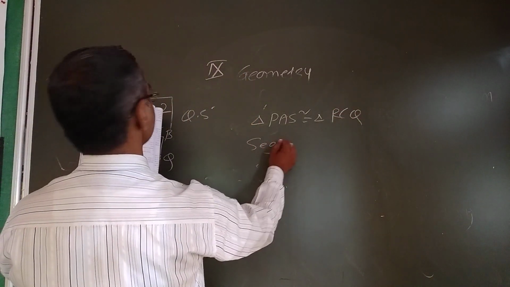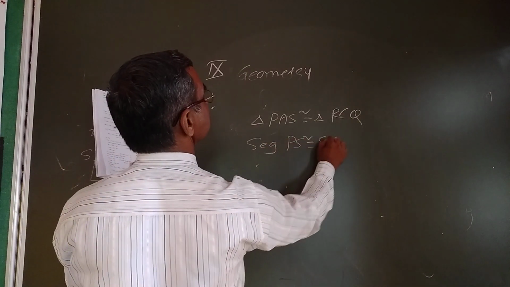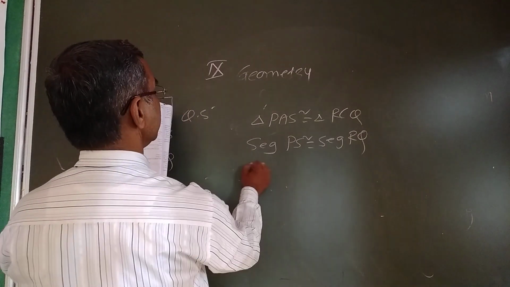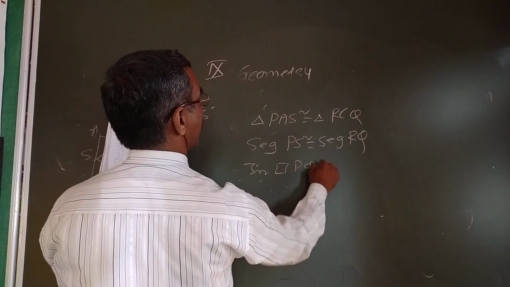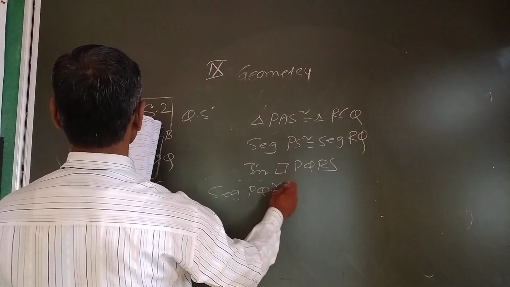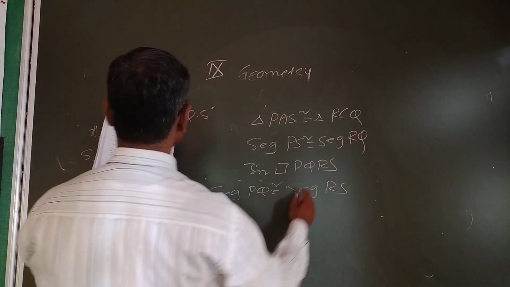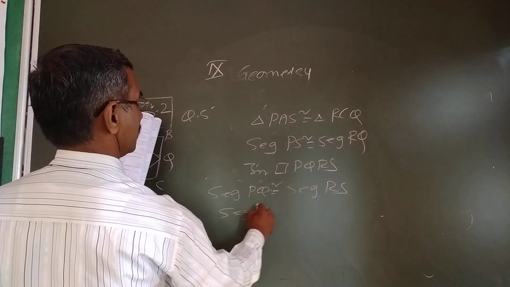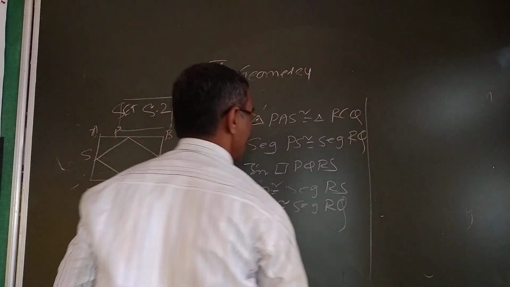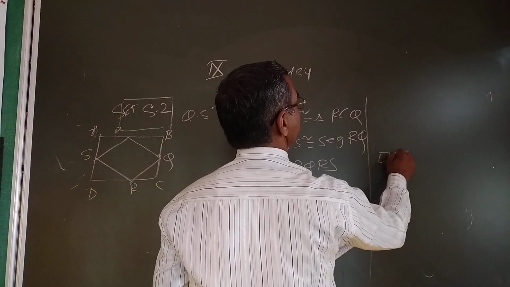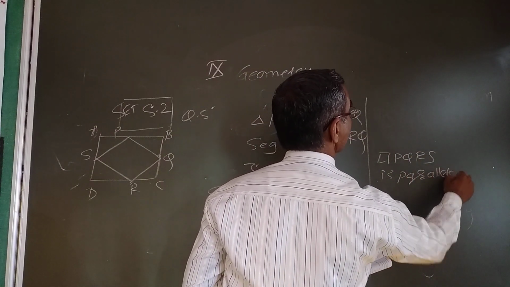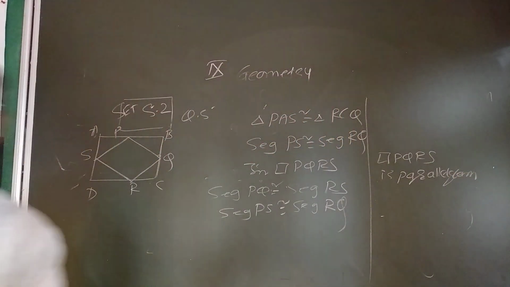Then segment PS is congruent with segment RQ. Then in quadrilateral PQRS, from above, segment PQ is congruent with segment RS, as well as segment PS is congruent with segment RQ. So the opposite sides are congruent. Therefore, quadrilateral PQRS is a parallelogram.